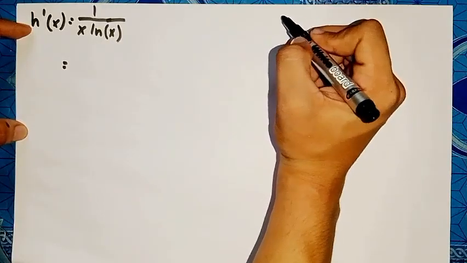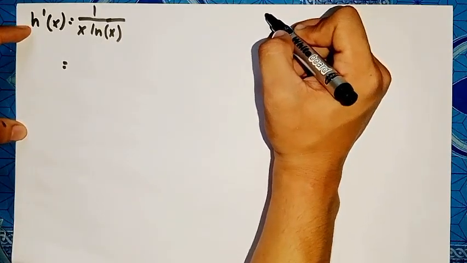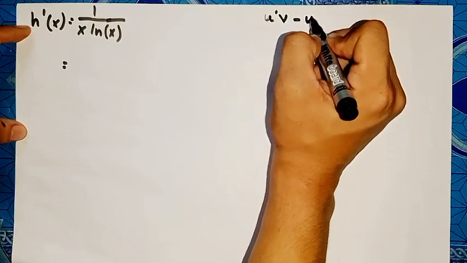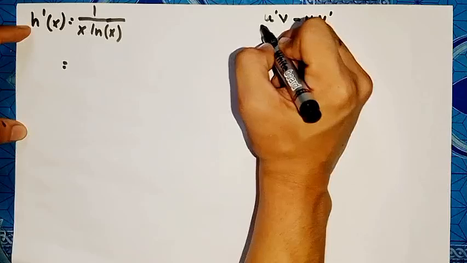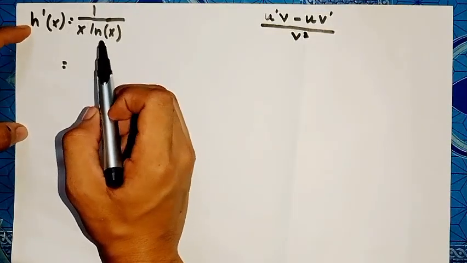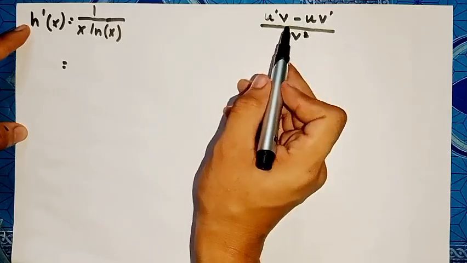Remember that the quotient rule is u prime v minus u times v prime, over v squared. Our u is 1, our v is x ln x. So apply this quotient rule.